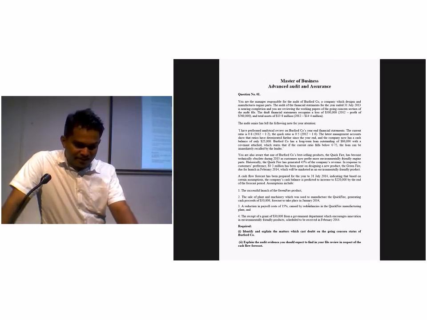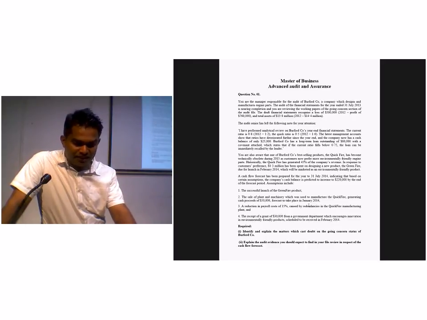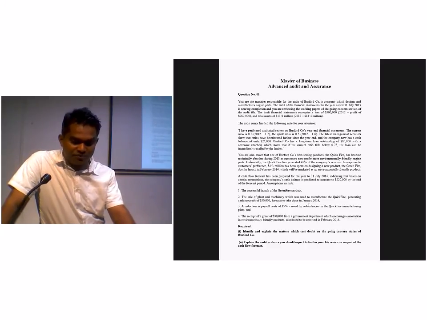So I will give 5 minutes. Come up with your answer, right? What is expected is to identify and explain the matters which cast doubt on the going concern status of the company, and explain the audit evidence you should expect to find in your file review in respect of the cash flow forecast.